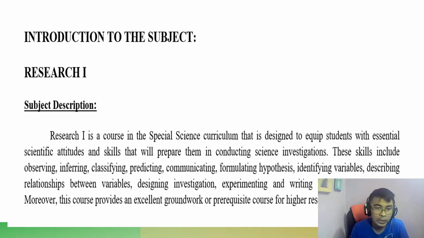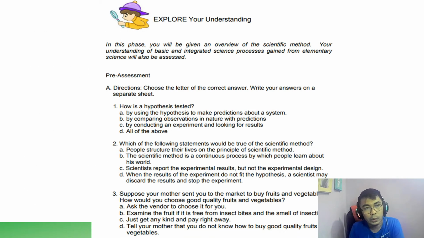Okay? So since this is an extension or an elective subject, the grading system you will be following is the same as science. Whatever grading system of your Science 8 subject is also true to Research 1. So in your module, what you can see first is for you to answer the pre-assessment entitled Explore Your Understanding.